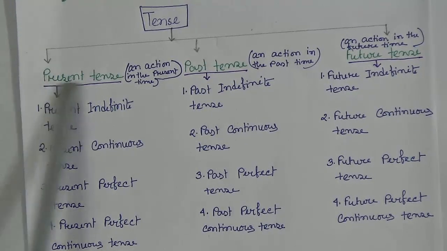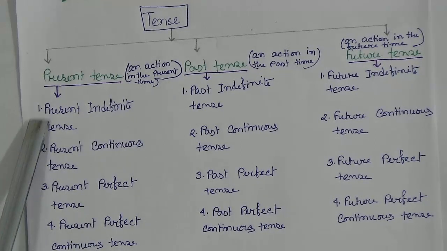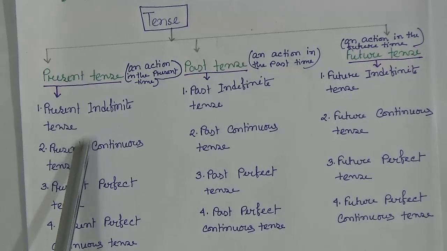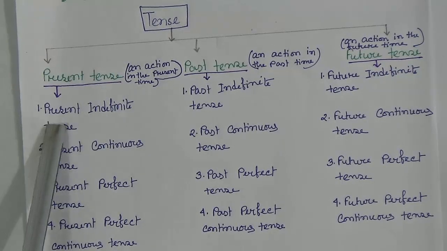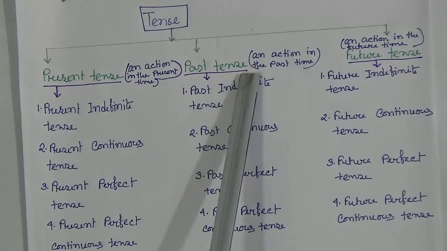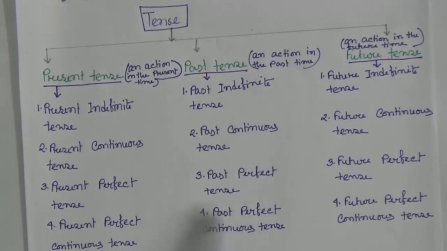So the present tense is divided into four types: present indefinite tense, present continuous tense, present perfect tense, and present perfect continuous tense. These are the four types.